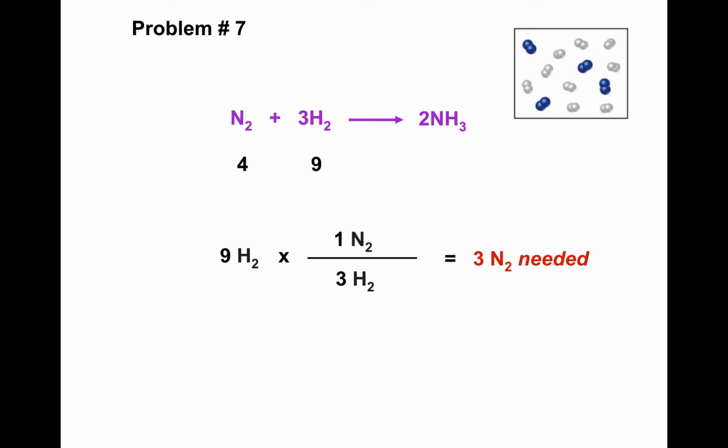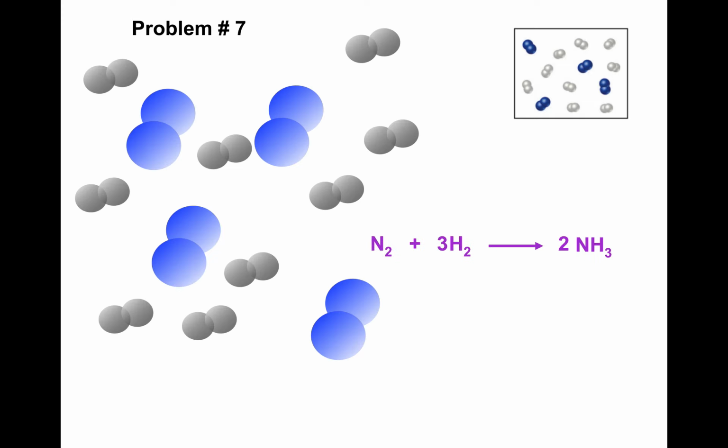Do I have it? Yeah, they gave me 4. So they gave me 4, and all I need is 3. So that means that nitrogen's in excess and that hydrogen's the limiting reactant. All right, so now I can go forward with how much ammonia is going to be formed. I'd end up with 1 nitrogen left over, 1 nitrogen in excess.